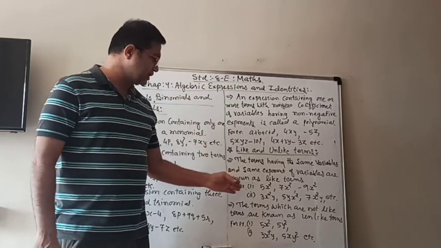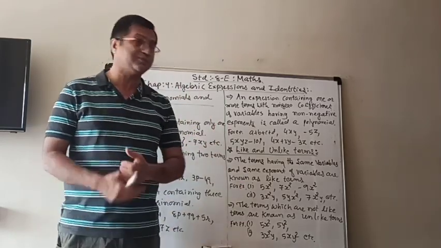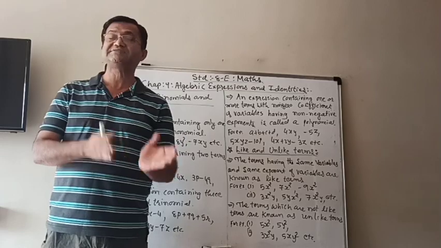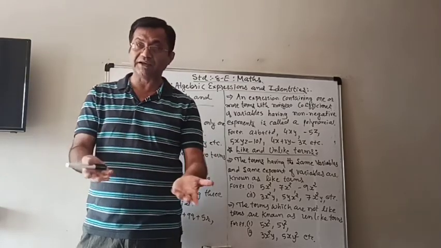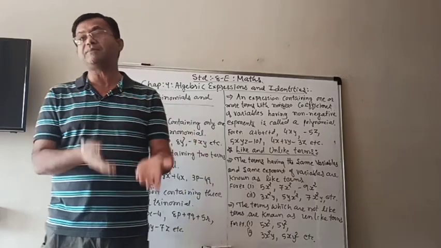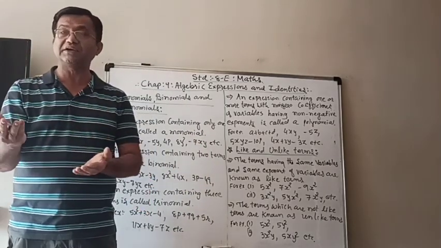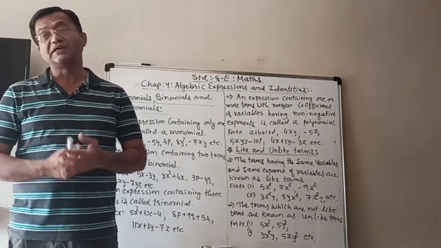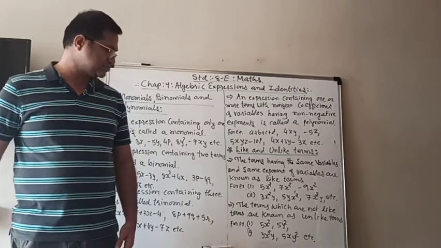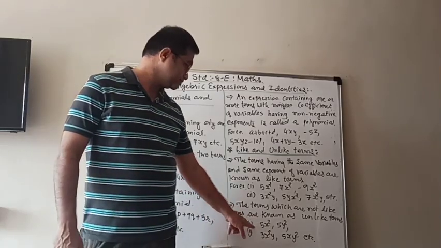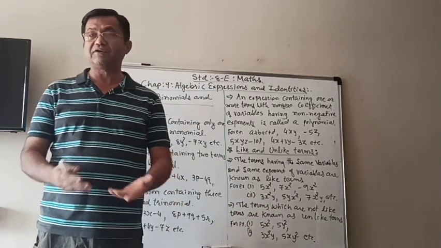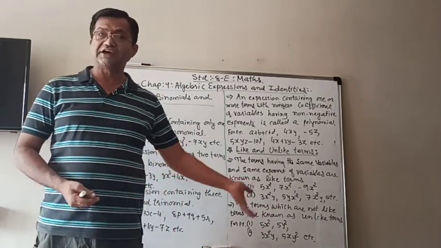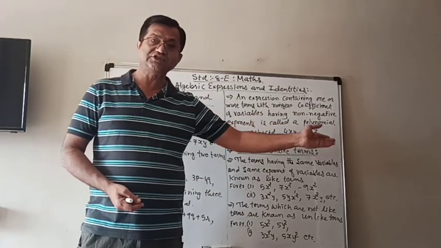But those terms which are not like terms are known as unlike terms. Maybe they have different variables, or maybe the same variables but different exponents. For example, look here, 5x square and 5y square. Here the variables are different: x is there, and on the other side there is y.